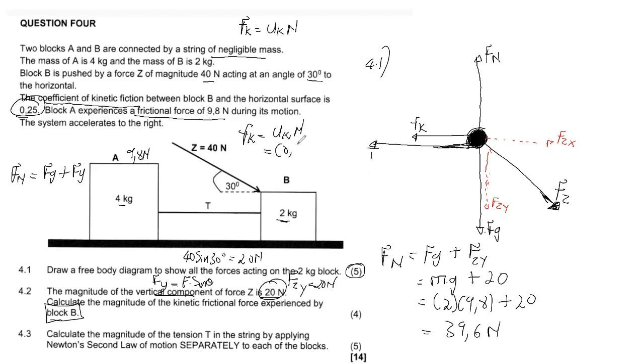So we will have 0.25 here, and then we multiply it with our normal force, which is 39.6. Multiplying the two, we find our kinetic frictional force is 9.90 newtons, rounded off to 2 decimal places, of course, right? And that's how you were supposed to calculate that.